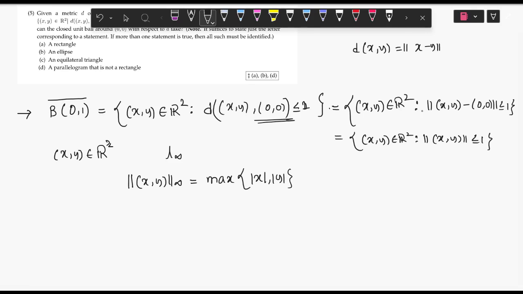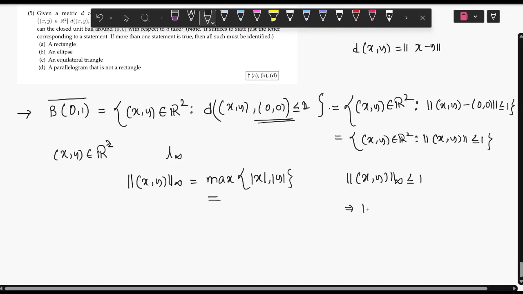Now if we take the infinity norm, the norm of (x, y) infinity less than or equal to 1 represents the maximum of mod x, mod y less than or equal to 1. That means mod x is less than or equal to 1 as well as mod y is less than or equal to 1.